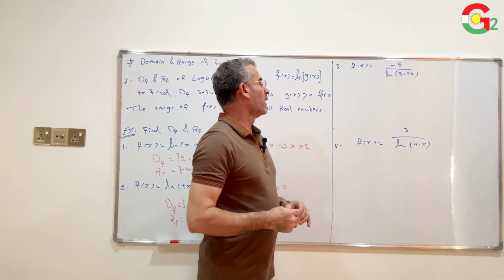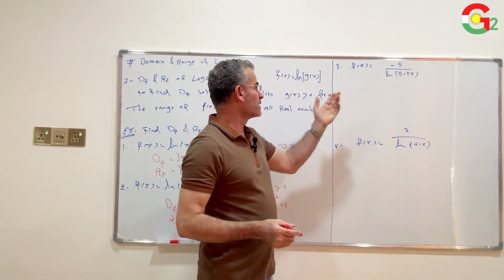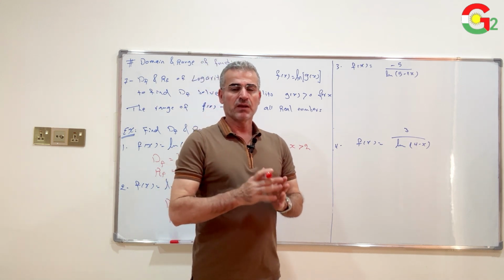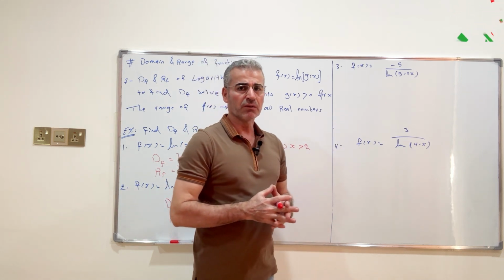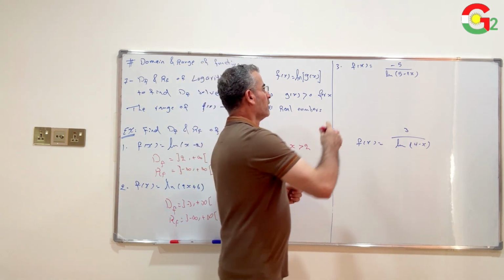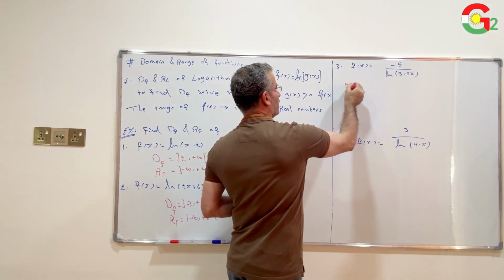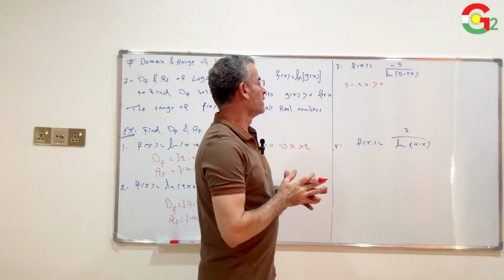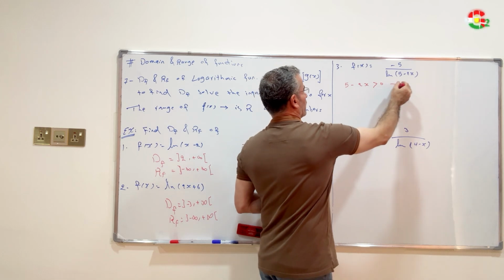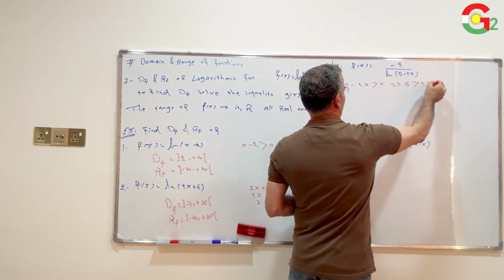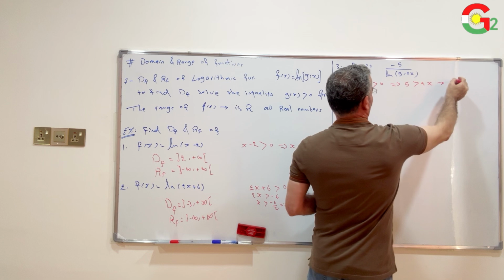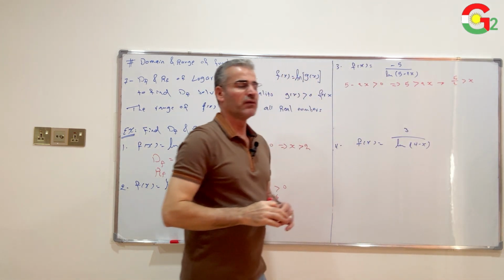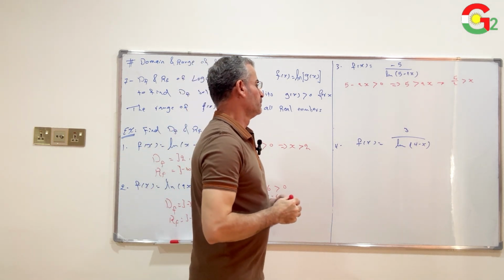Example, find domain and range of the function f of x equal negative 5 over ln of 5 minus 2x. Here we have the ln in the denominator, then it is different. First, I'll solve the inequality 5 minus 2x greater than 0, since ln is defined only for positive numbers. Then 5 greater than 2x, then 5 over 2 greater than x, or x less than 5 over 2.